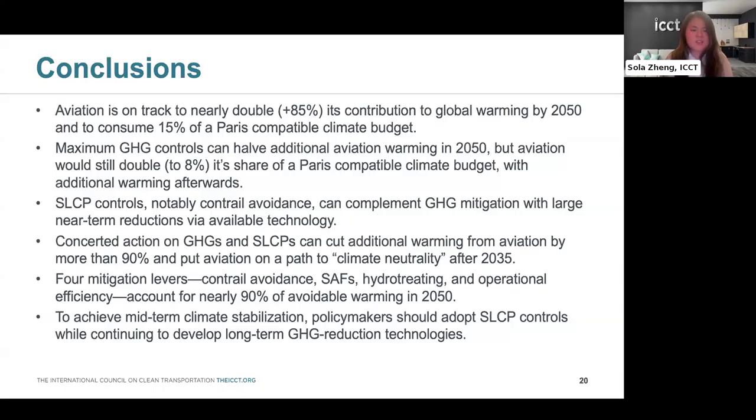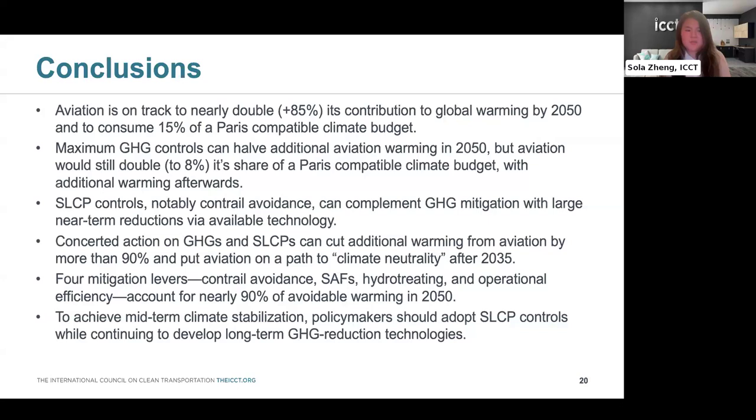This highlights that only combined GHG and SLCP mitigation actions will help us get on the path of climate neutrality after 2035, and then achieving the 90% cut in warming by 2050, but also keeping it that way post 2050.